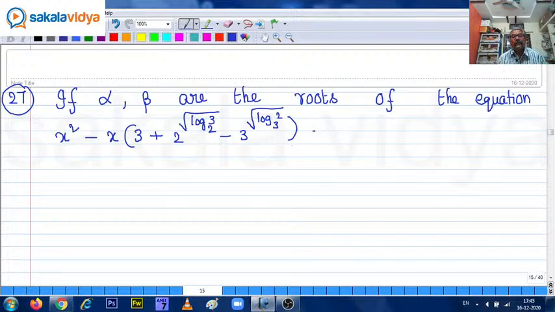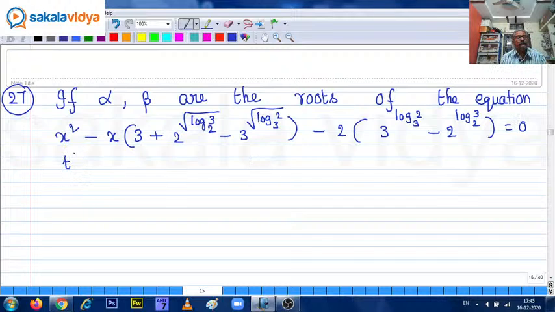So minus 2 times 3 to the power of log 2 base 3. This is a very big question but a very easy question. Minus 2 to the power of log 3 base 2. Log 3 base 2 equal to 0.